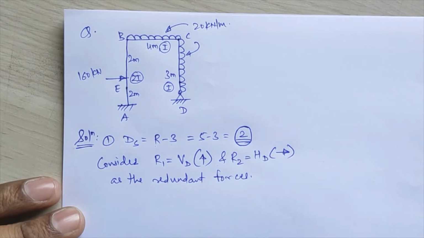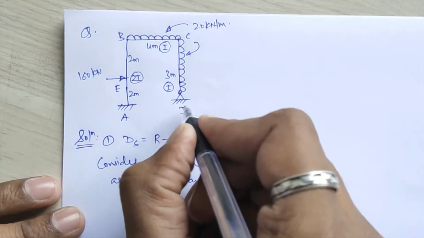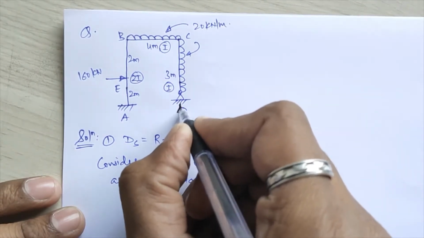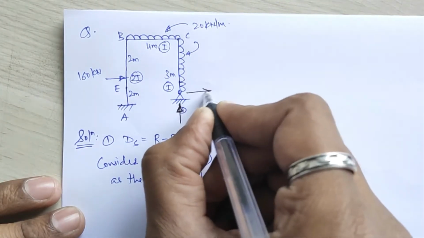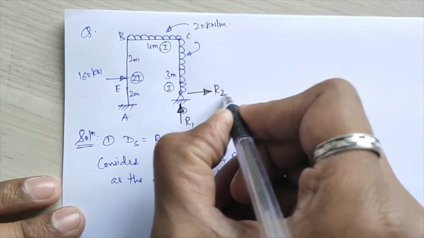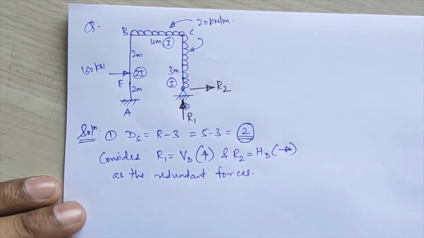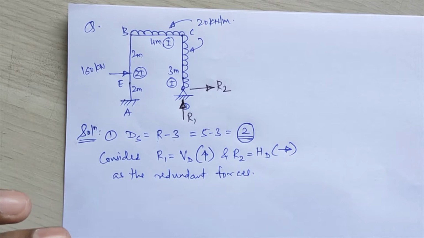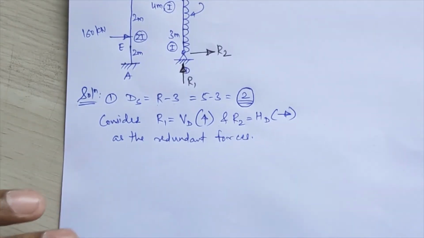I have told you how you have to assume the redundants: you have to assume them in such a way that the complete support at that point gets removed. So here I have assumed R1 as the vertical reaction, upward, and R2 as the horizontal reaction, rightward. Now we'll draw the moment diagrams.